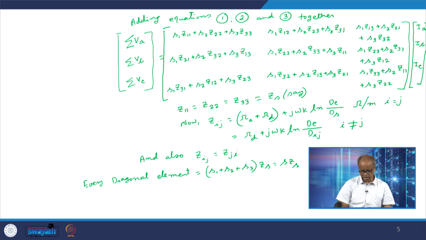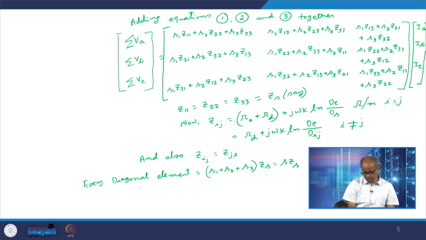So that would be all the diagonal elements. Each and every diagonal element is S into Zs because S1 plus S2 plus S3 is equal to S.